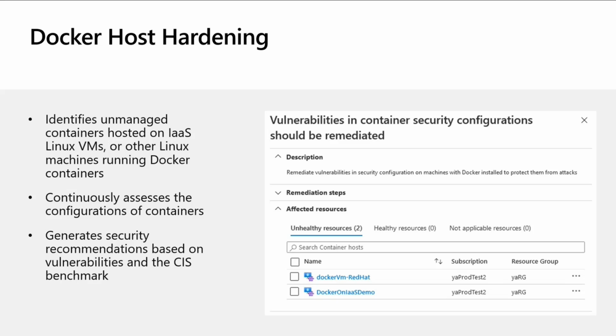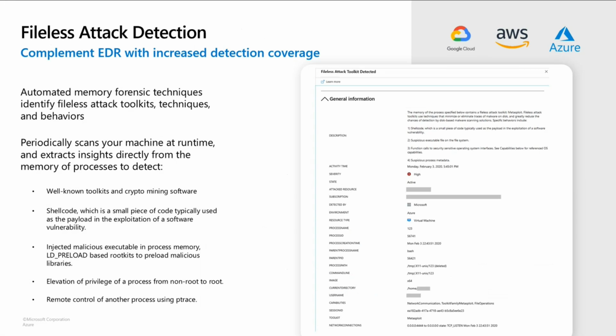So this is the feature that I mentioned earlier, where Defender for Cloud identifies unmanaged containers that are hosted on IaaS Linux VMs. And it really continuously assesses the configuration of the containers, and then it compares them with the CIS benchmark, and then it alerts if your containers don't satisfy any of those controls. So really useful features.